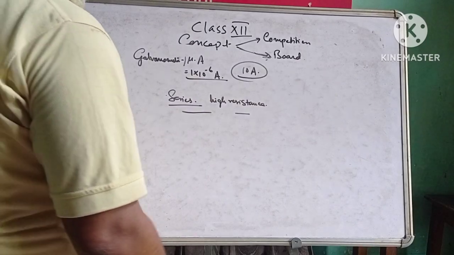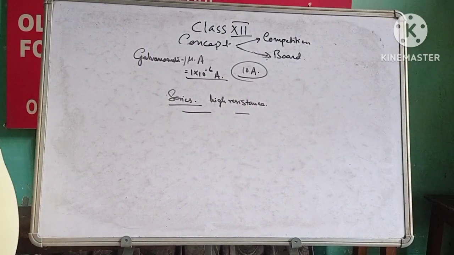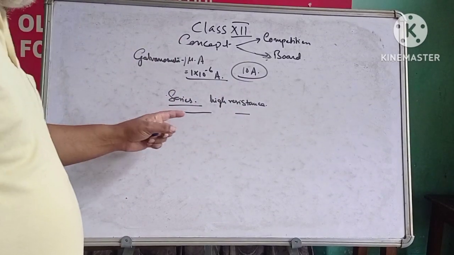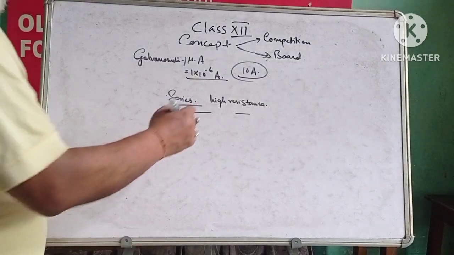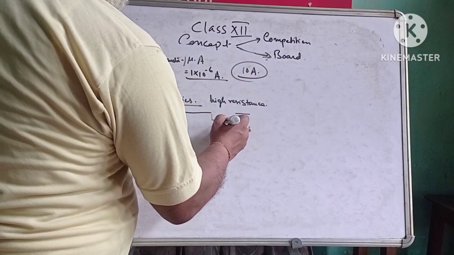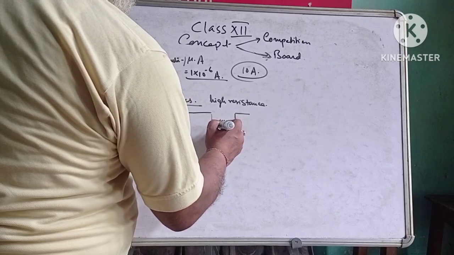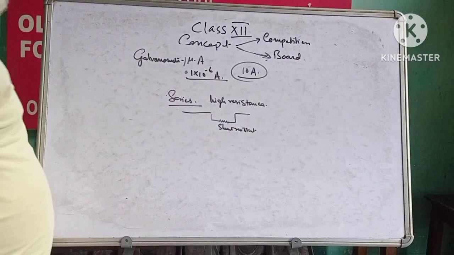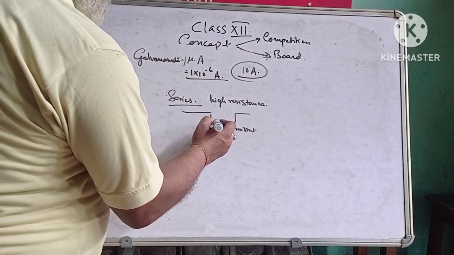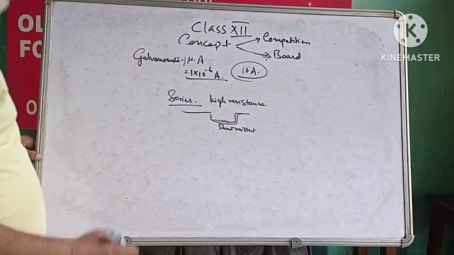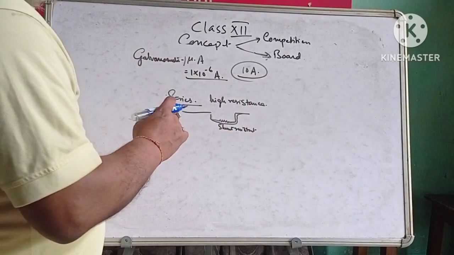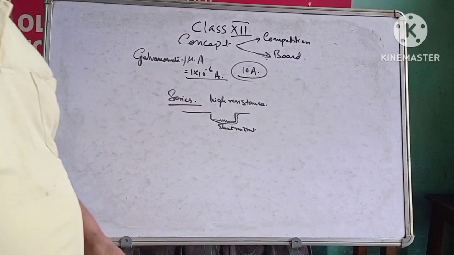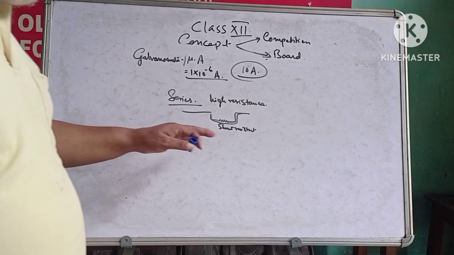So a parallel shunt resistance, a very low resistance, is fitted parallel to the galvanometer, so that the maximum current flows through this circuit, that means the flow of the current is not affected.